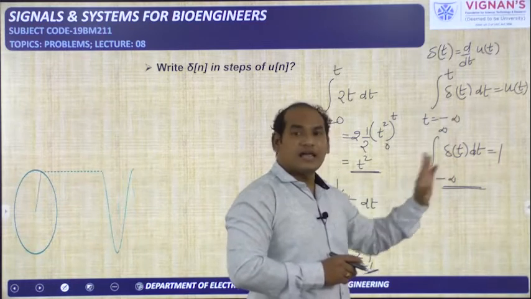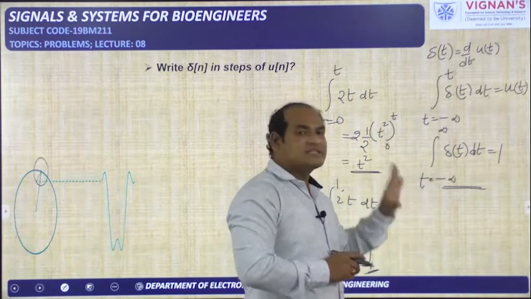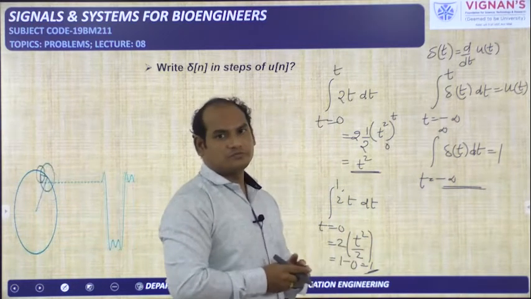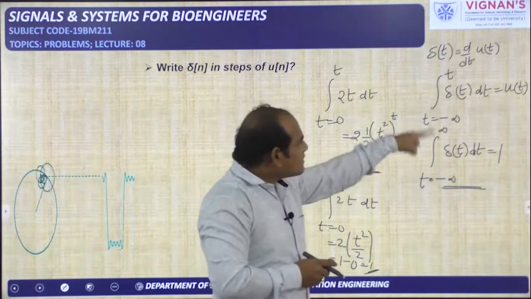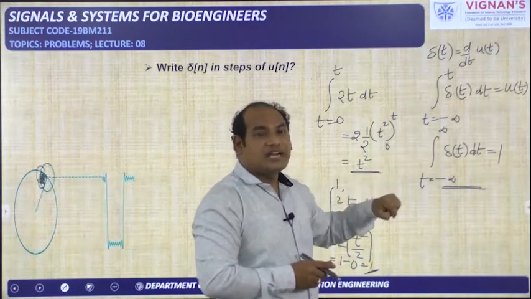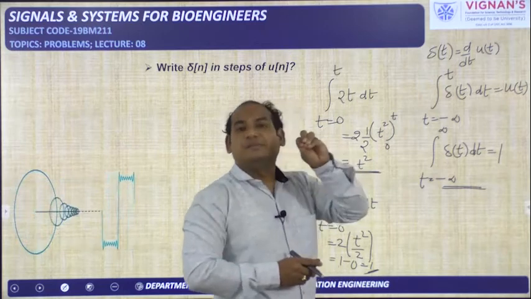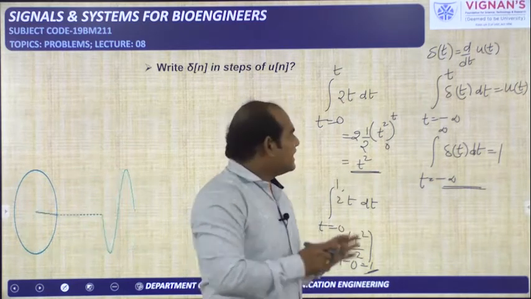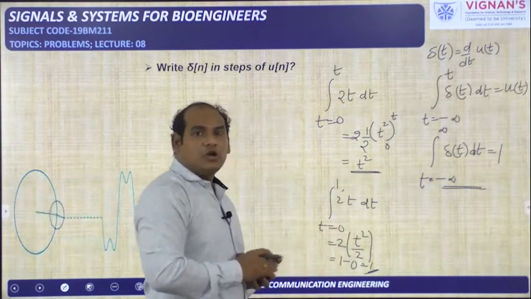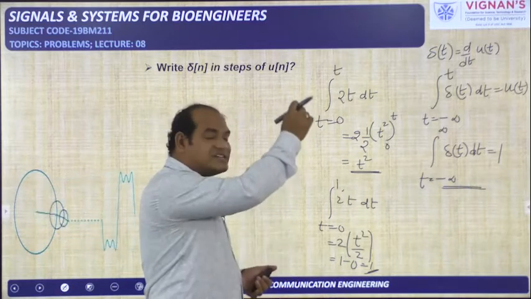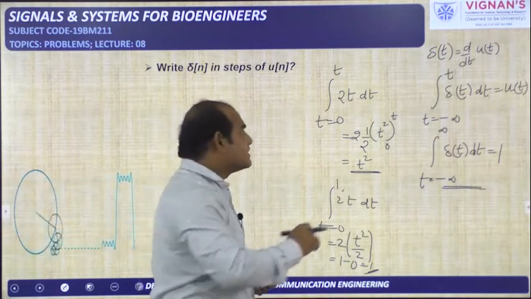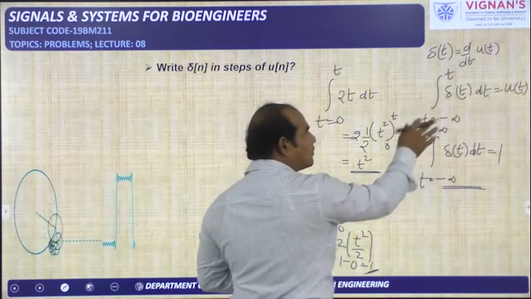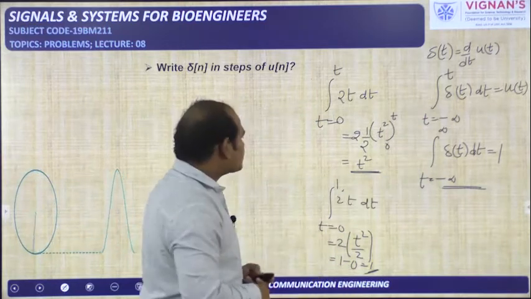Integral del of t dt, here I have written 1. What are the reasons for that? That you need to know. With this example only, you can conclude that the limits are also very, very important. So in signals and systems subject, don't forget to mention the limits. Limits will also matter.